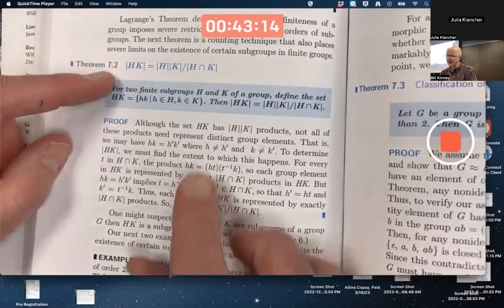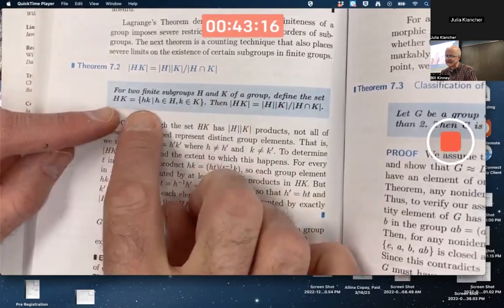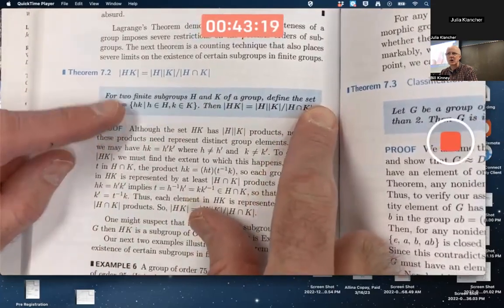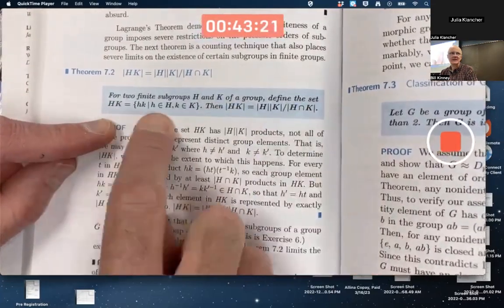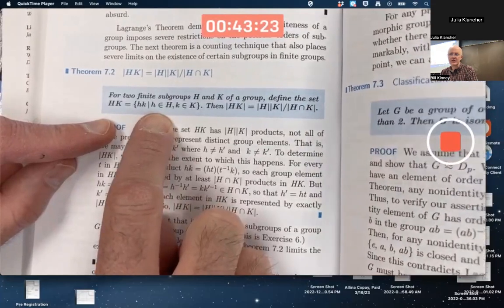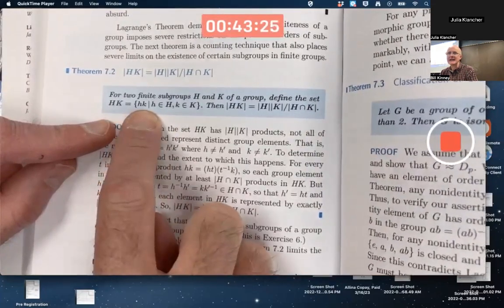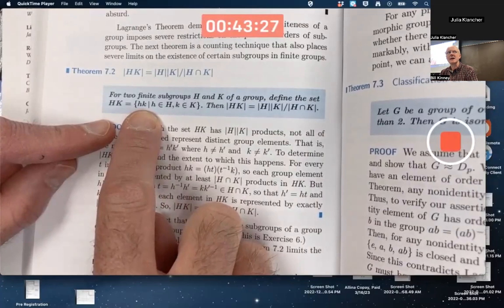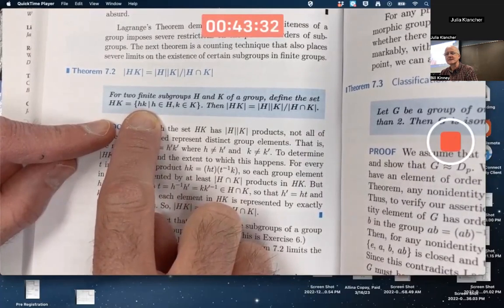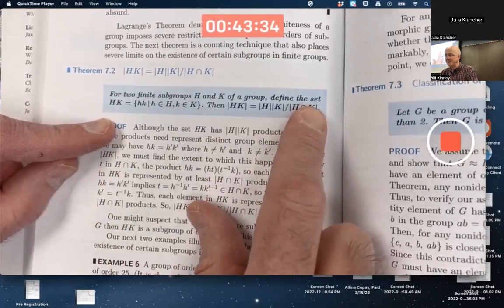H and K are 2 finite subgroups of a group. Define this set. Notice they did not call this set a group, because in general, it's not a group. In general, the set of all products H times K is not a subgroup of G. Sometimes it is, but not always. So they didn't call it a group, they call it a set.